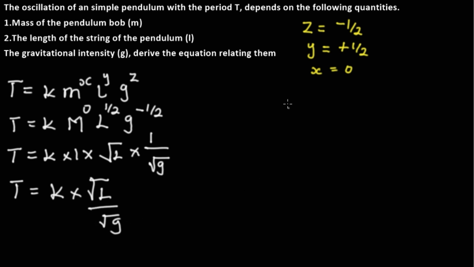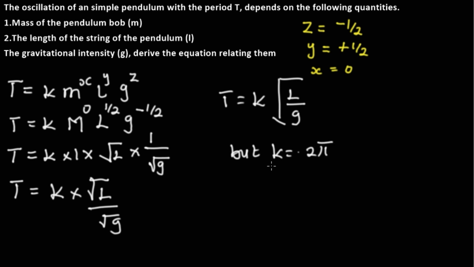On factorizing, we have T is equal to K root L over G. Don't forget that K is equal to 2 pi. So we have T is equal to 2 pi root L over G.